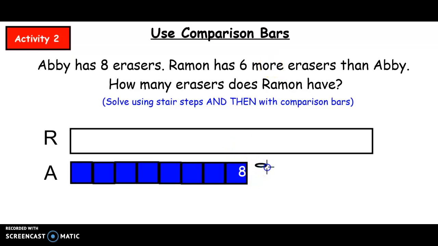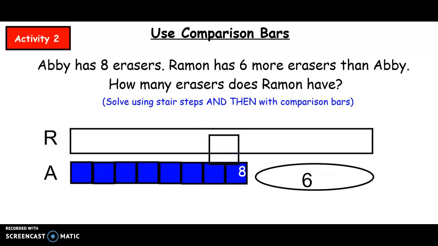We have to make an oval. That's our difference. And we want it to line up, right? In the end, we want these both to be equal. Okay, so we know that Raymond has 6 more. So we're putting our 6 in our oval here. And now our unknown for Raymond is right here.